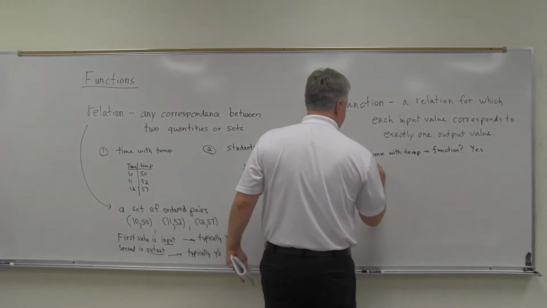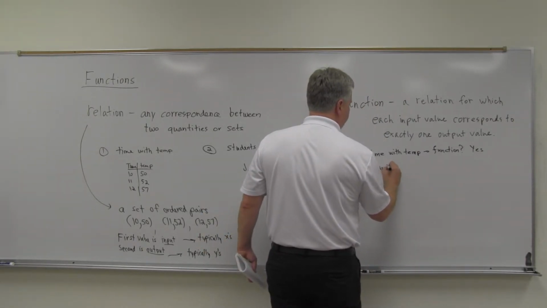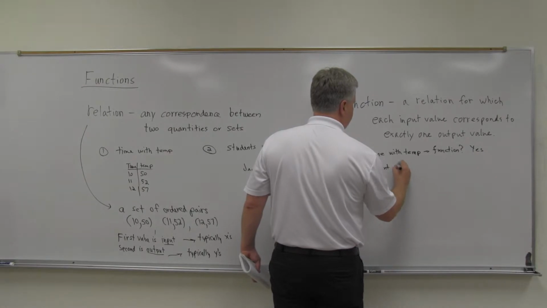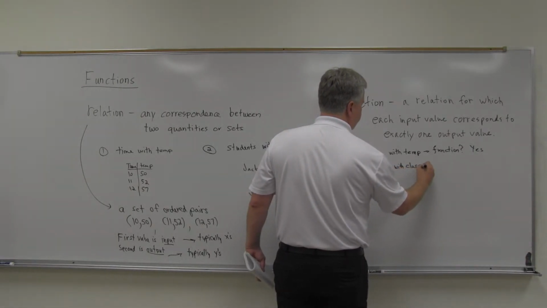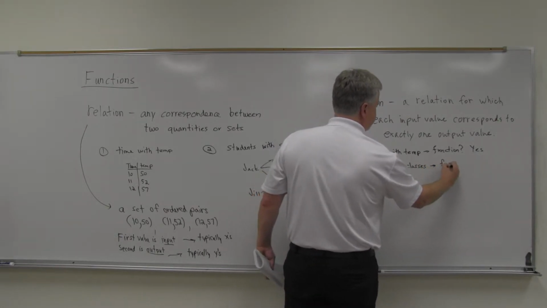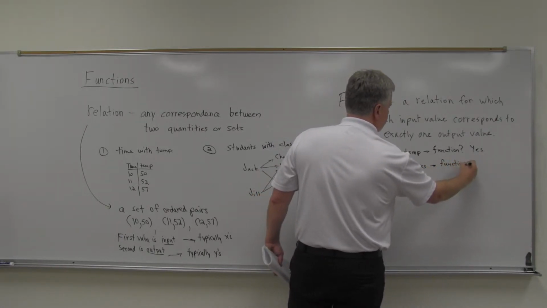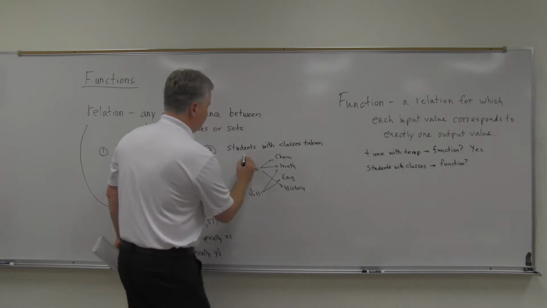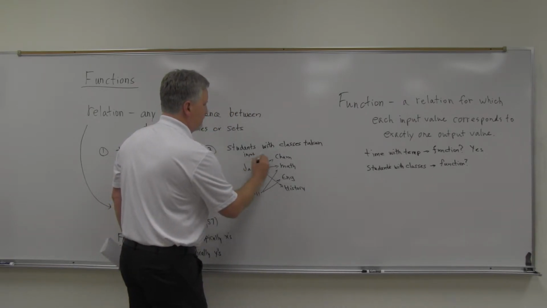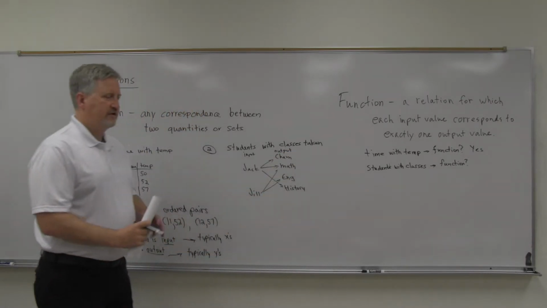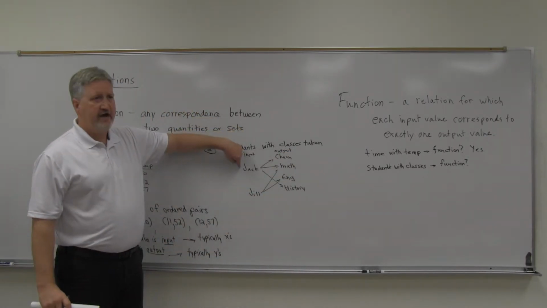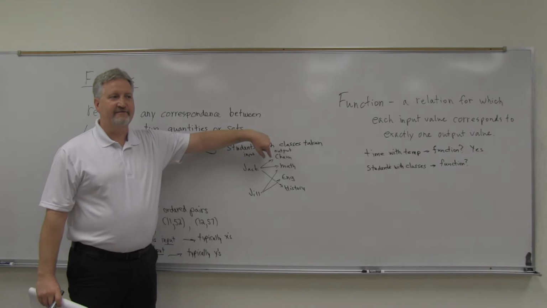Is the student with the classes example here a function? Well, again, the first one's the input, the second one's the output, considering it that way. So if I input Jack, how many outputs are there?